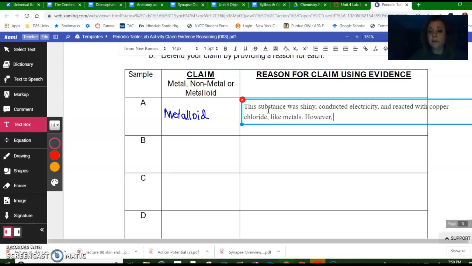However, it was brittle and did not react with acid like nonmetals.